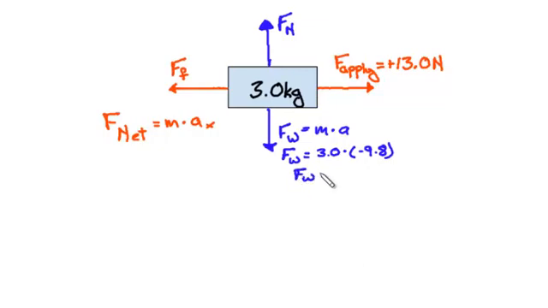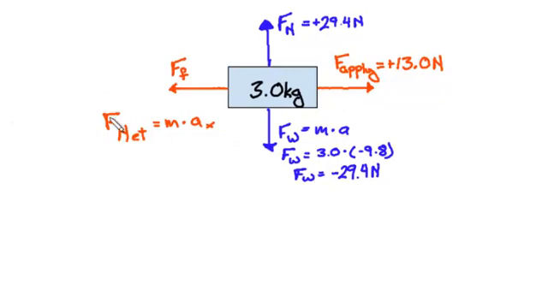When I do the math, I get force weight to be negative 29.4 newtons. Because it doesn't say that the body is accelerating towards the center of the Earth, I get to say that force normal is positive 29.4 newtons.